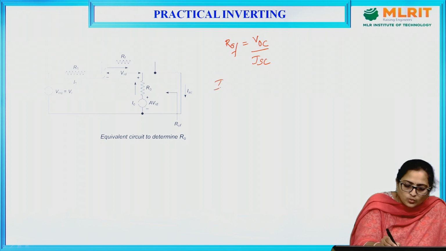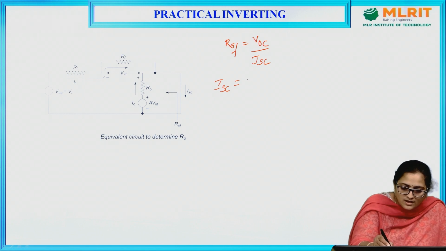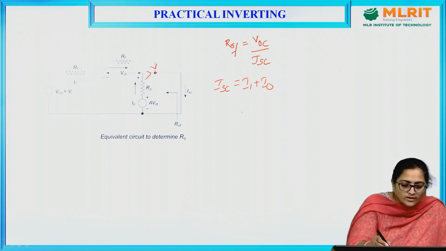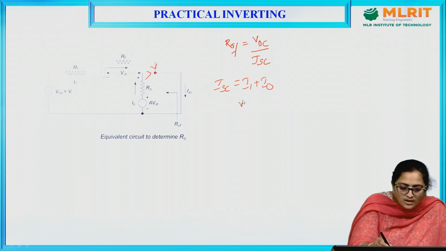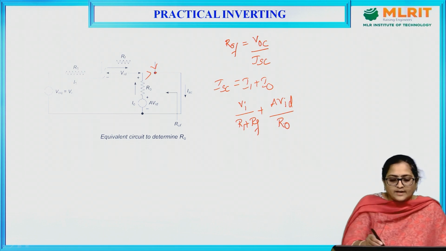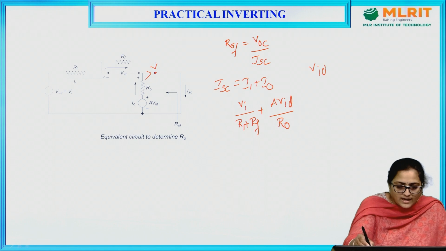And this short circuit current ISC can be given as I1 plus I0. Here I1 can be given as VI divided by R1 plus RF, and I0 is given as A into VID divided by R0, and VID is given as minus I1 into RF.